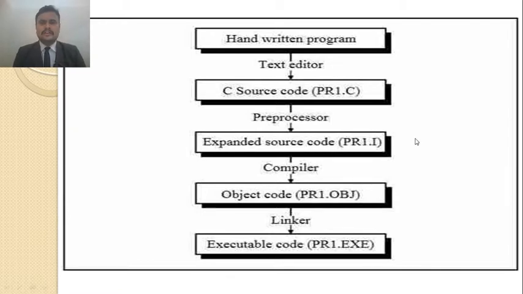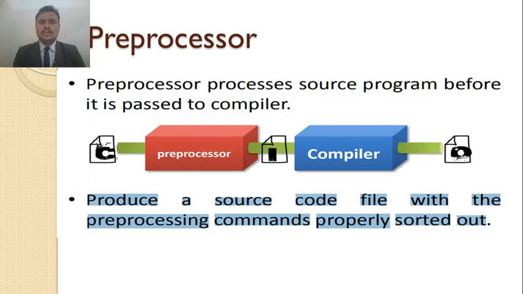Now let's see what features the preprocessor gives to a particular program and user. The same diagram is drawn here. A C program is given to the preprocessor before passing to the compiler. The preprocessor processes each and every command, each and every directive written in the program, and develops the modified source program, which is pure and does not contain any preprocessor directives, and gives it to the compiler for execution.